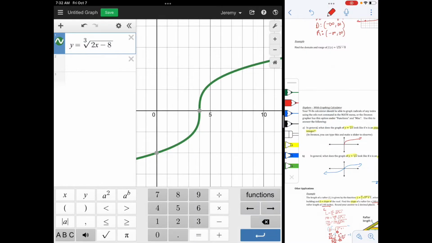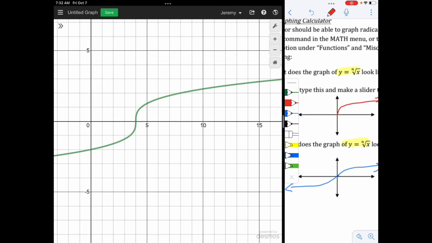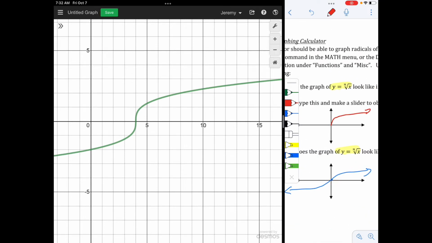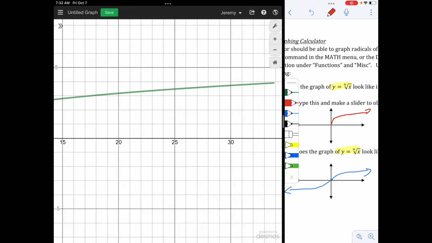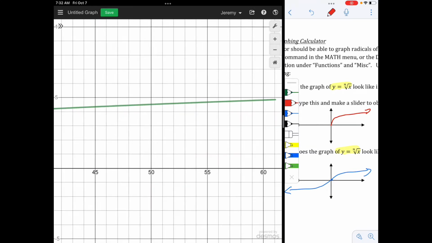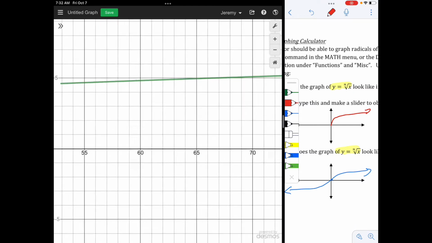All right. And what happens? Well, it looks kind of like our graph did before, but it's moved, and it's changed a little bit in steepness. But the key thing here is that it's going to go up forever. Notice it keeps going up, and the domain keeps going out.